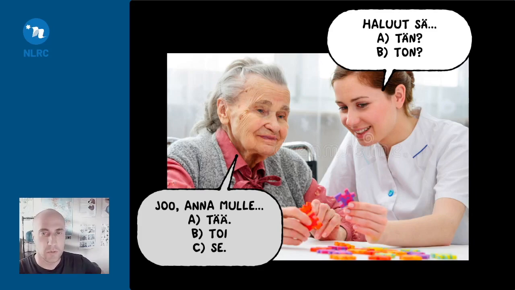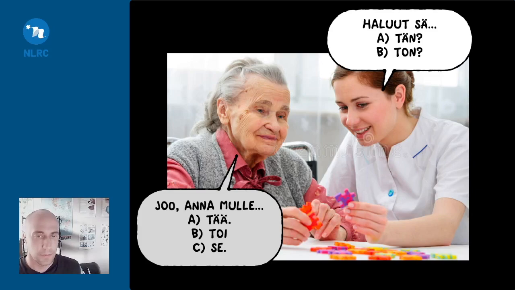Okay, so the correct ones are haluut sä tän? So A. And in the gray bubble, joo, anna mulle se. And why is that? In A, the nurse is holding the piece of the puzzle, so it makes sense for her to use tän rather than ton, which would be something that is not associated with her.